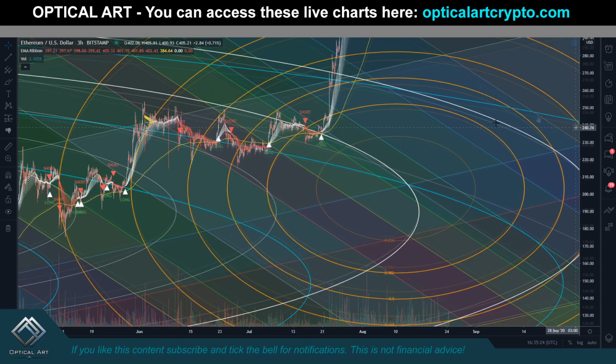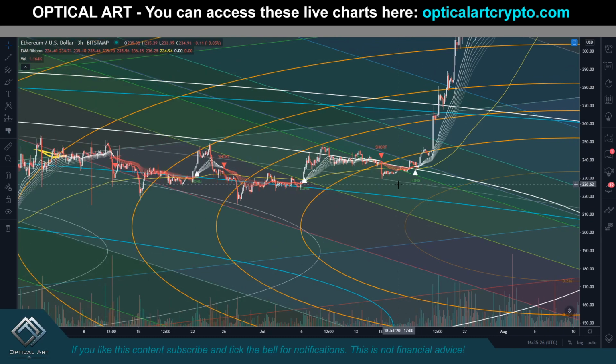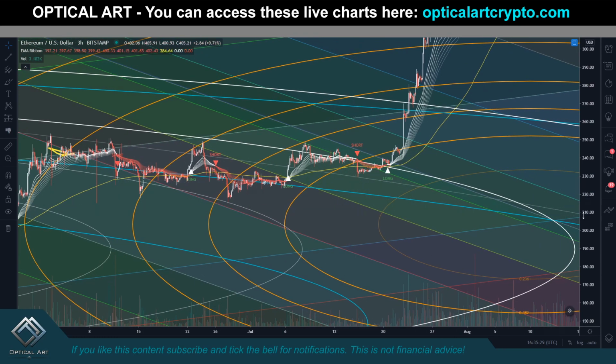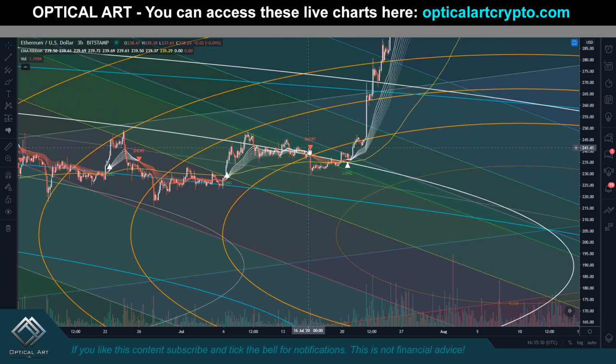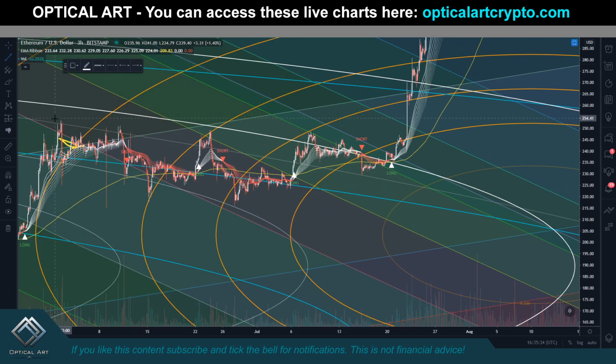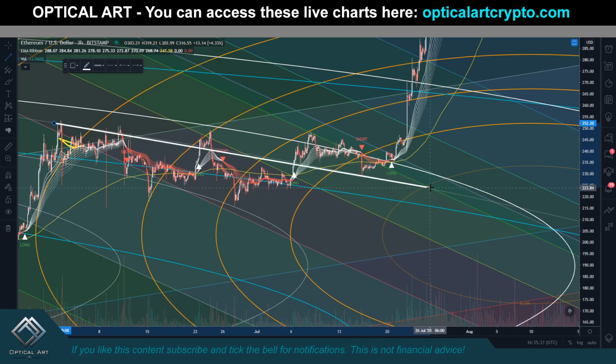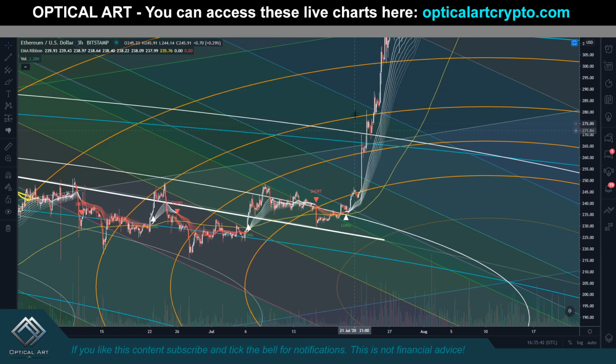Look at that. As soon as we hit that ring, actually, the crazy thing is we hit two rings at the same time. As soon as we broke this white ring and this blue ring, it came right down to this support level. It's kind of hard to see, but this is the resistance level we're respecting right here. We came down to support, we pushed up. As soon as we broke it, we pushed up to these rings.